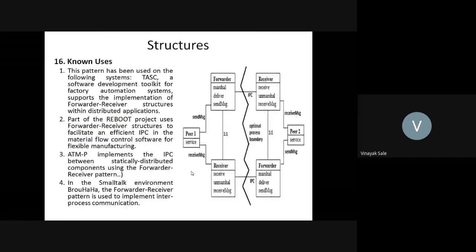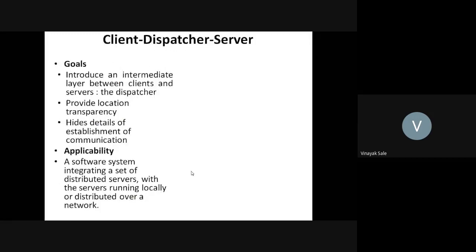Then the next part is client, dispatcher, server. What is the goal of client-dispatcher-server? It introduces an intermediate layer between clients and servers. The dispatcher provides location transparency, and also hides the details of the establishment of communication.